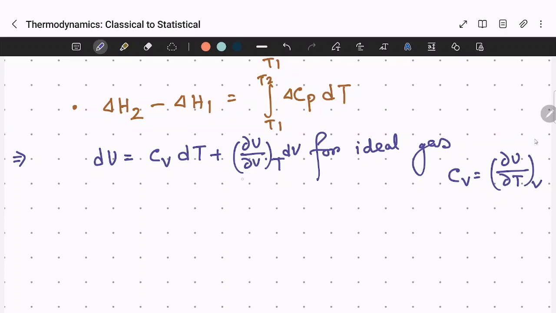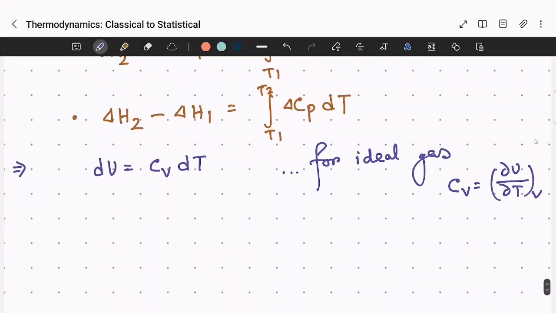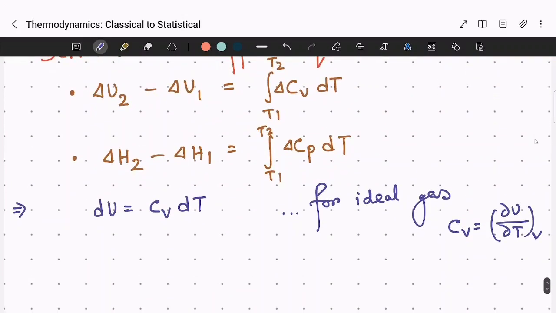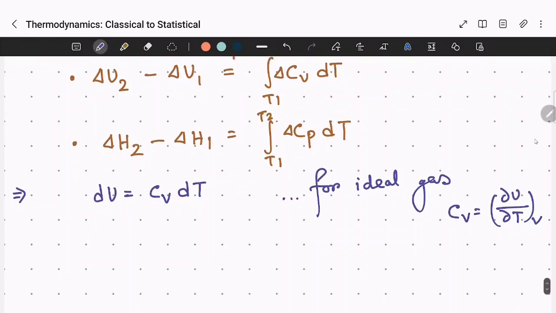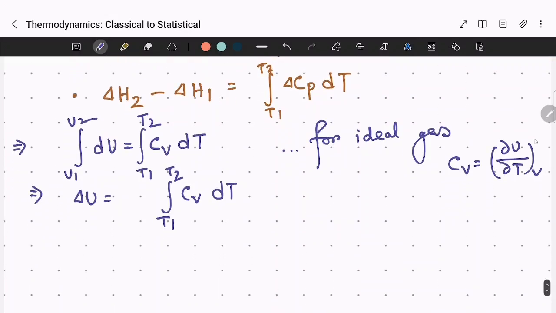But for ideal gas, this part is 0. That's why we can write it like this. dU equals to CV dT. So if dU is equal to CV dT, then we have to consider del U2 and now we have to integrate it. So let's say temperature is changing from T1 to T2, then we have to integrate it. So it will change U1 to U2. So we can write del U equals to integral from T1 to T2 CV dT. This is the case.